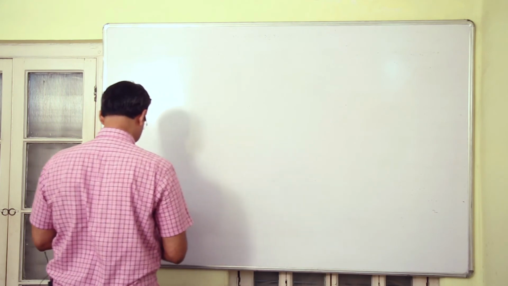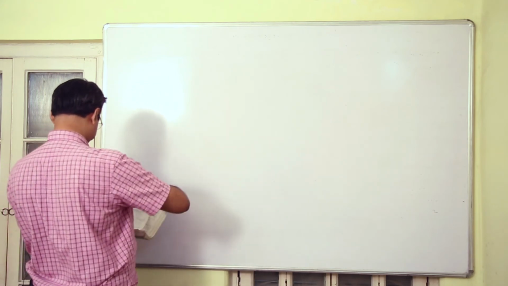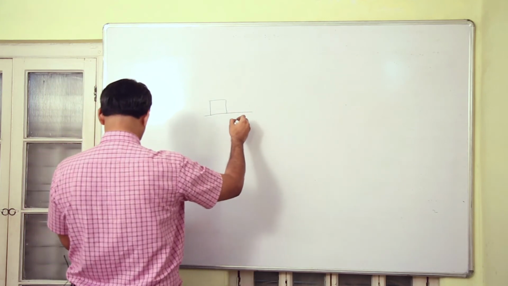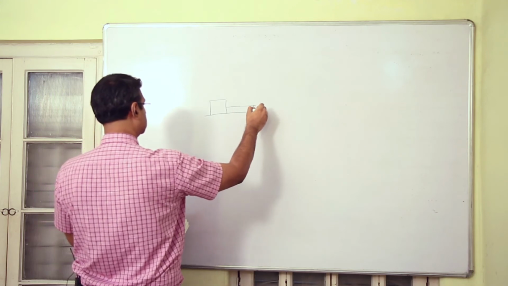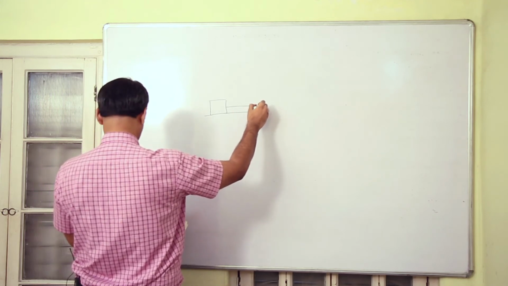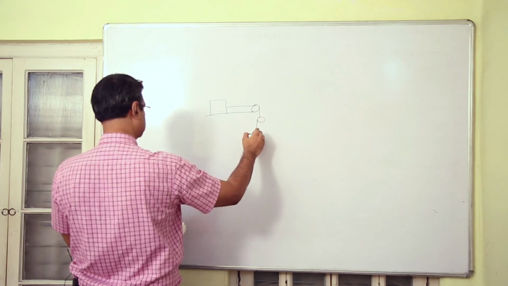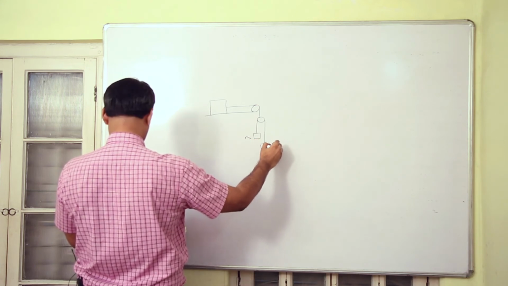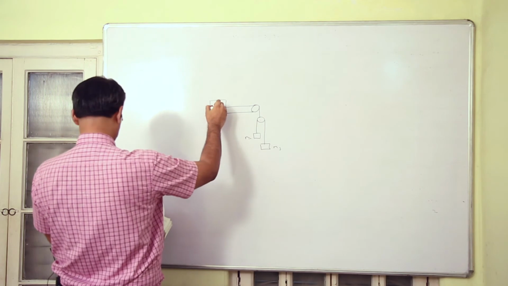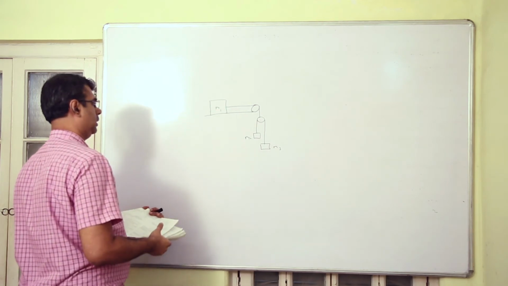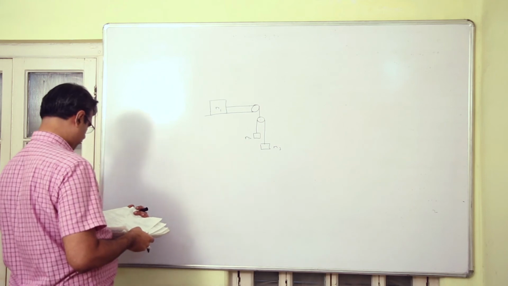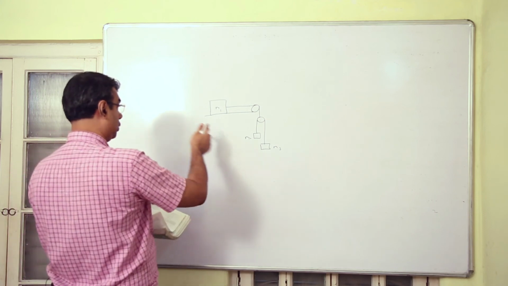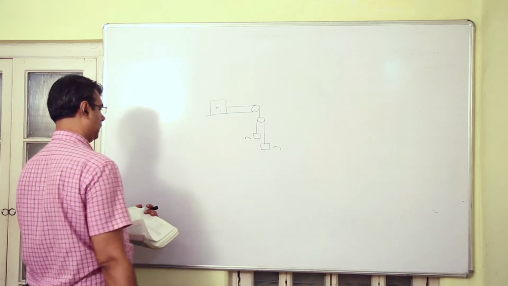Let us have a look at another instance of pulley. There is a mass m1 attached to a pulley kept on a table, and there are another two masses m2 and m3 attached to a pulley like this.